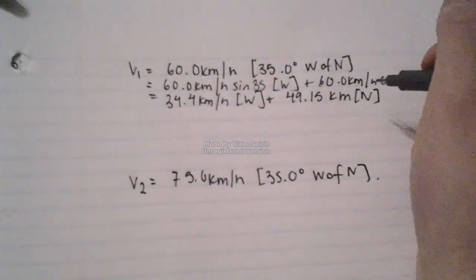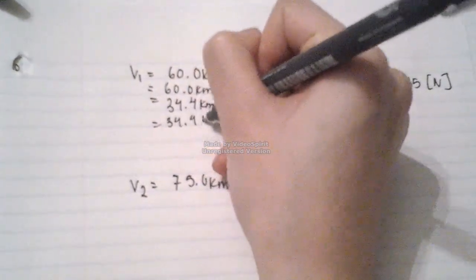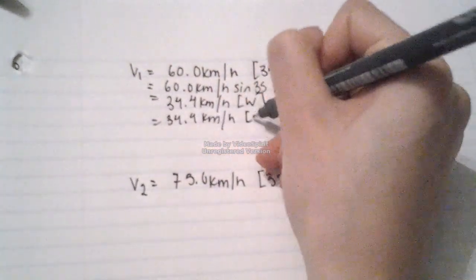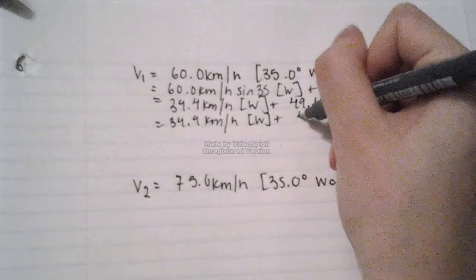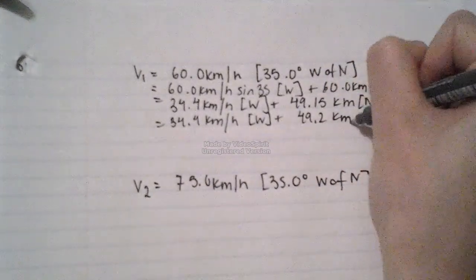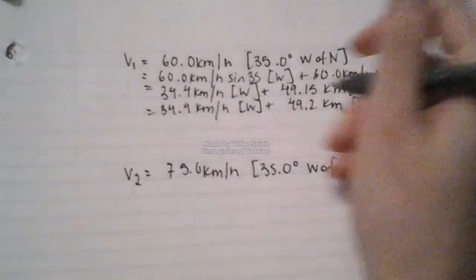This is equal to 34.4 kilometers an hour west plus 49.2 kilometers an hour north.